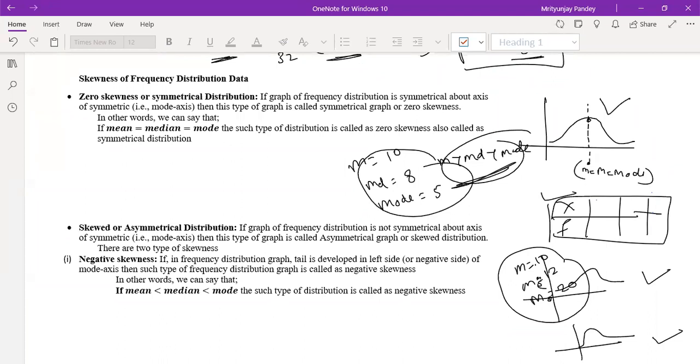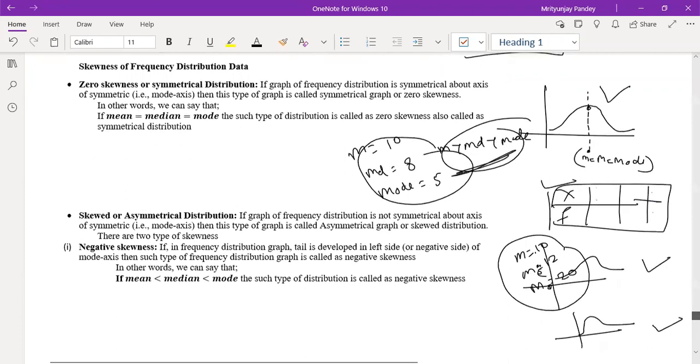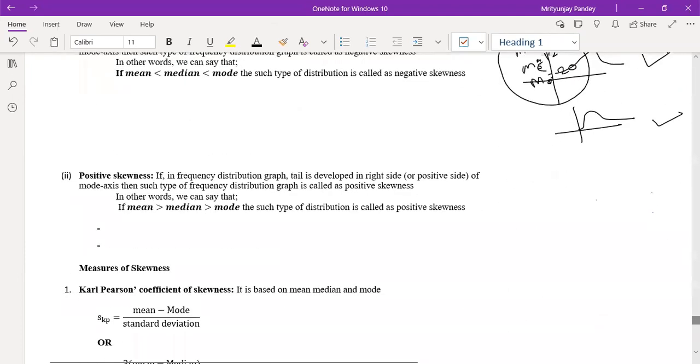For skewed data there are two possibilities, either negative skewness or positive skewness. If mean is less than median is less than mode, such data is called negative skewness. And if mean is greater than median is greater than mode, यानी सबसे बड़ा वैल्यू अगर मीन का है उसके बाद मीडियन और सबसे लास्ट में मोड है, तो ऐसे डाटा को हम लोग पॉजिटिव स्क्यूनेस डाटा बोलते हैं. यहां तक क्लियर हुआ सबको?